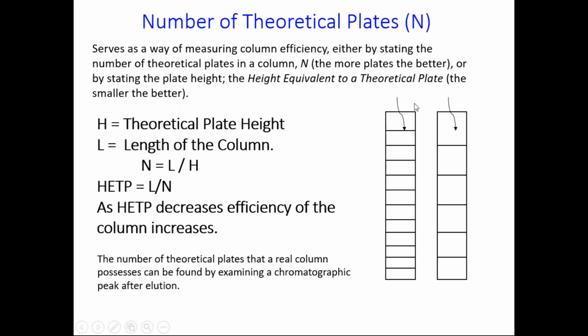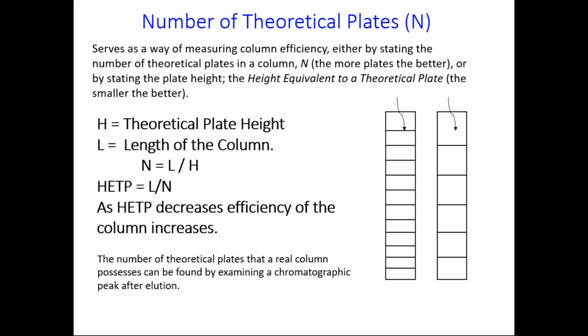The length of the column is the length of this column. So the number of theoretical plates is equal to the length divided by the theoretical plate height, and the height equivalent to a theoretical plate, HETP, is given by the length divided by n. So as the HETP decreases, the efficiency of the column increases.